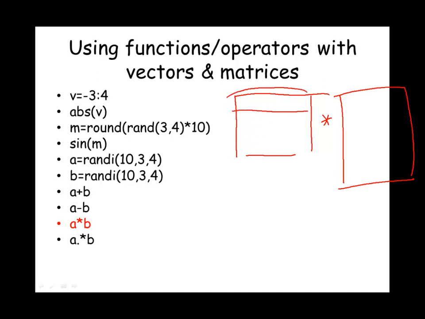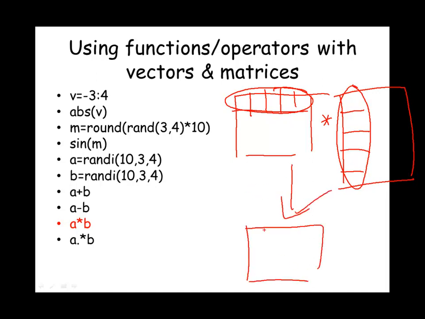So the first row of the first matrix will be multiplied element-wise with the first column of the second matrix, and the products of this multiplication will be added up, forming the top left corner of the resulting matrix. Matrix multiplication is the subject of linear algebra that I am not going to go into in this lecture.